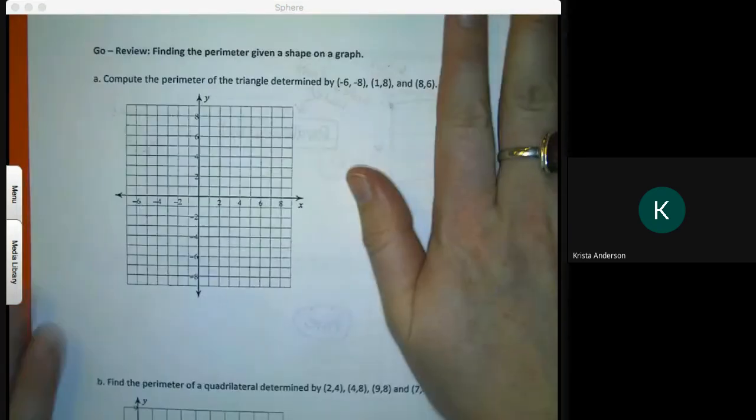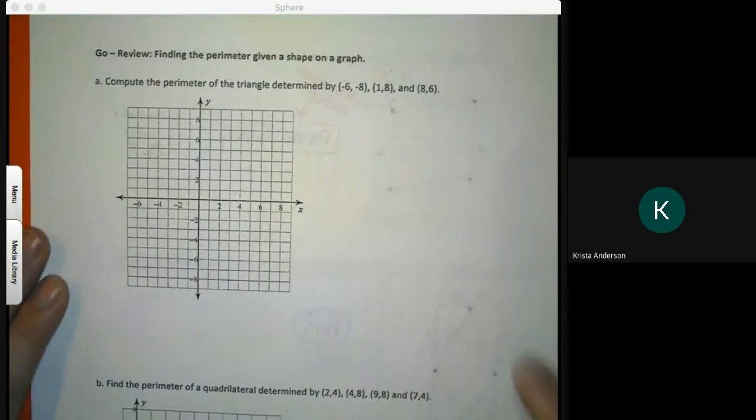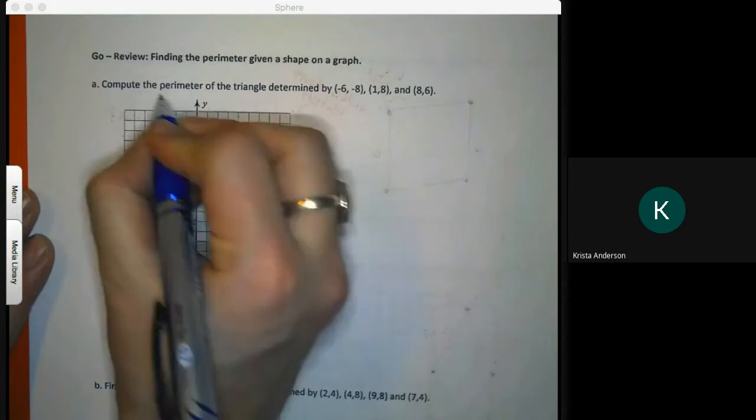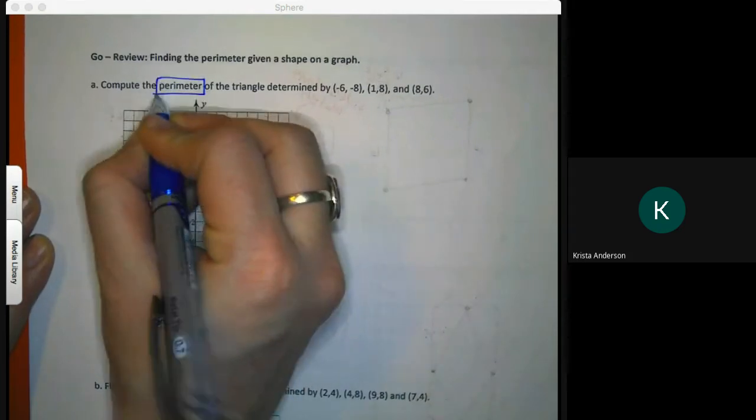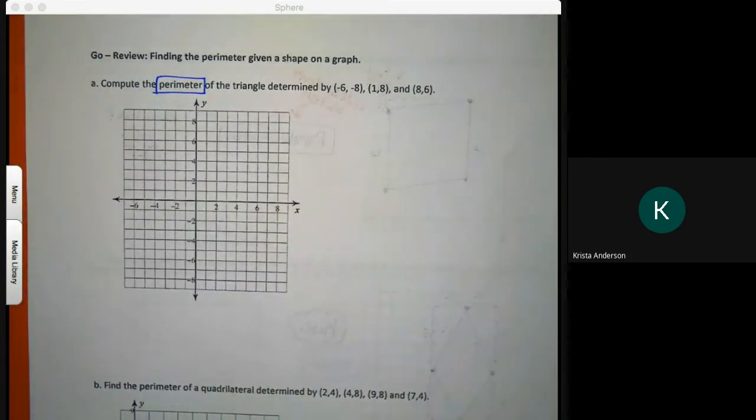The last section is reviewing distance or perimeter. I'm going to use graphing to do it. You may use your Desmos to graph if you'd like.